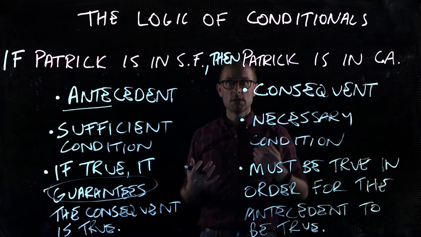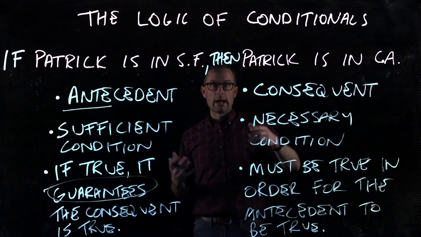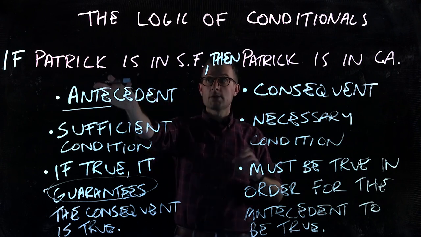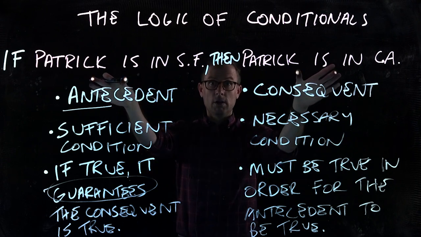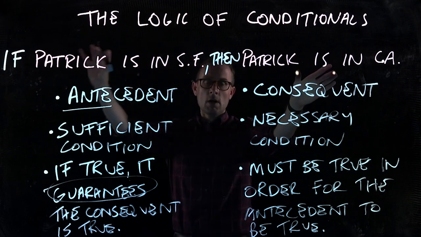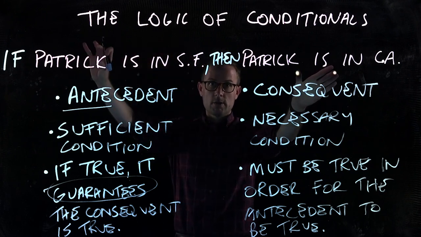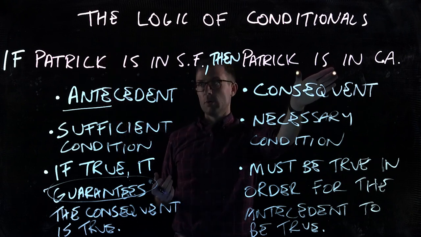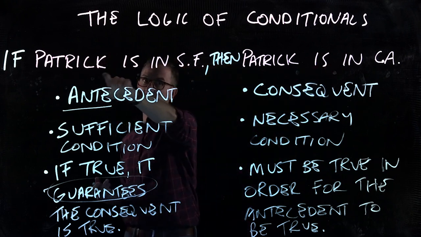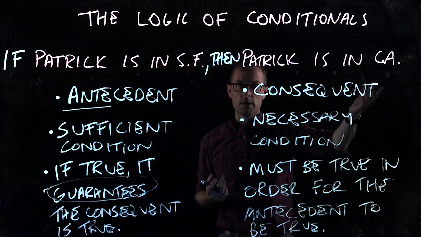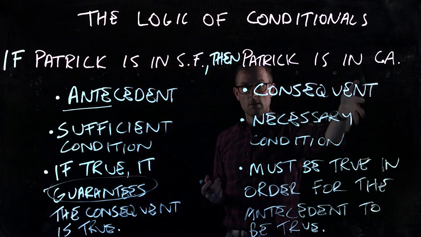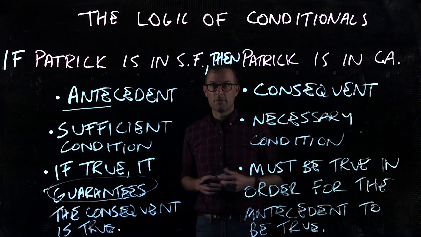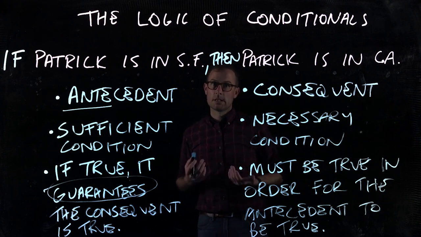As we'll see, when we begin to assign actual truth values to the antecedent and consequent, if this part is true and this part is false, that's going to affect how the whole sentence is either true or false as a conditional. So, for example, it wouldn't make a lot of sense to say Patrick is in San Francisco, but Patrick is not in California, given that there's a requirement to be in San Francisco, namely that one is in California as well. The logic of conditionals.